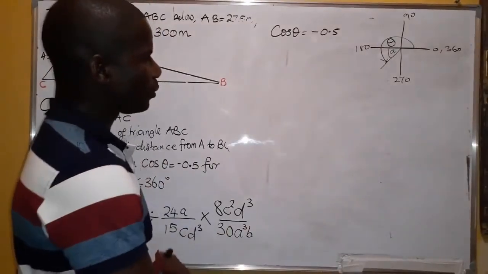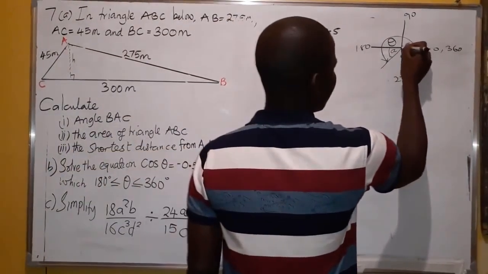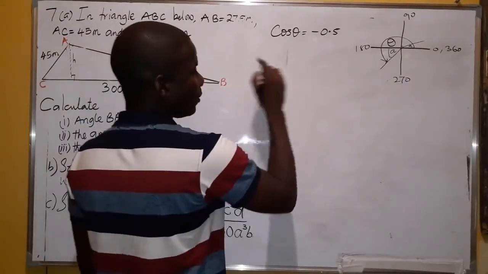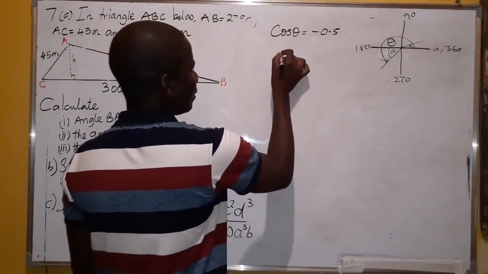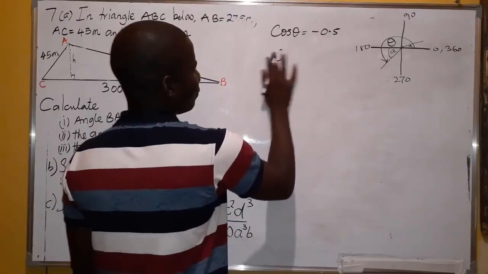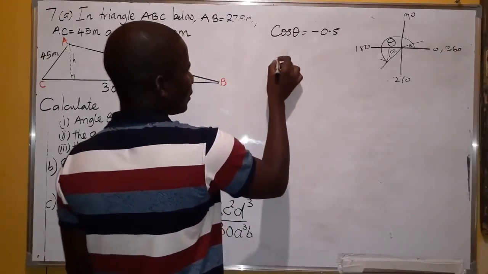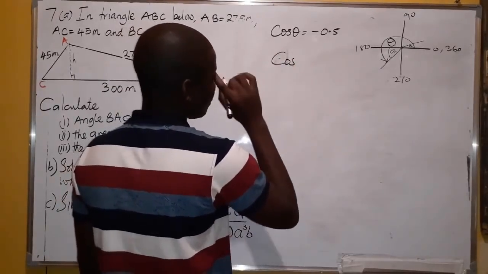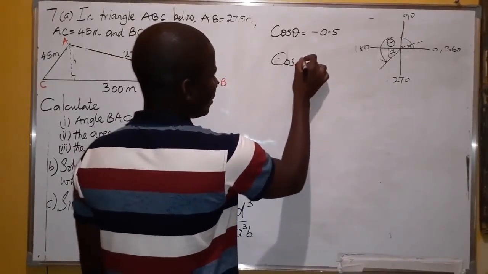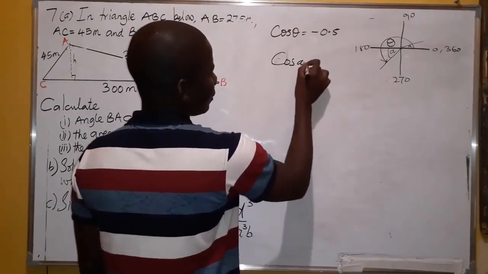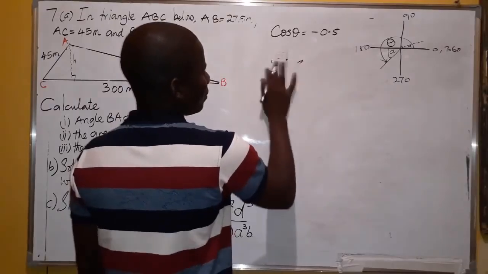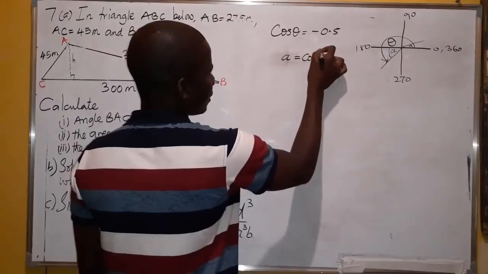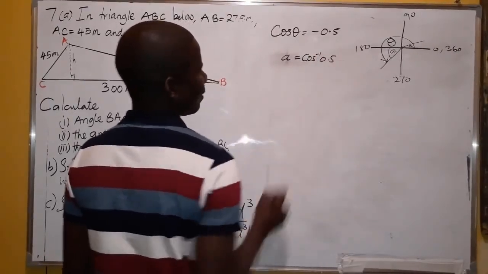So the first thing that we are supposed to do is to find this there. Okay, so how do we do that? We need to find the value of, what do we say here? We're going to say cos, let me use this same one, is equals to cos inverse 0.5.